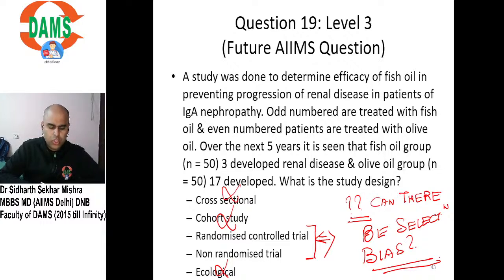Okay, Divya says no. Okay, anyone else? Okay, Surbhi says yes. Surbhi, can you explain why yes? Okay, Parth also says yes. Parth, can you tell me why yes? Swapnil, why are you saying yes that there can be selection bias?